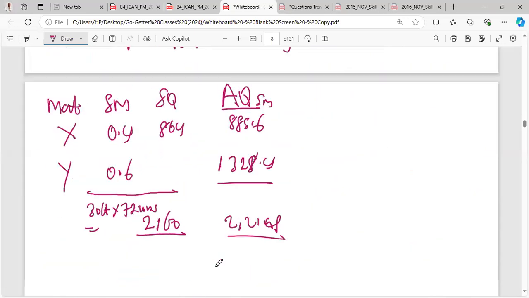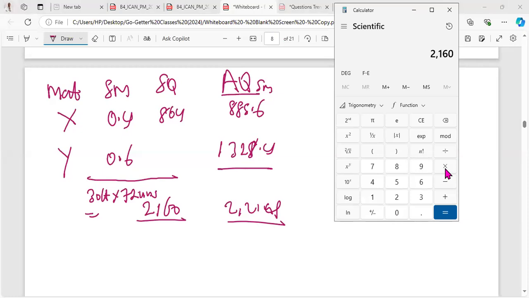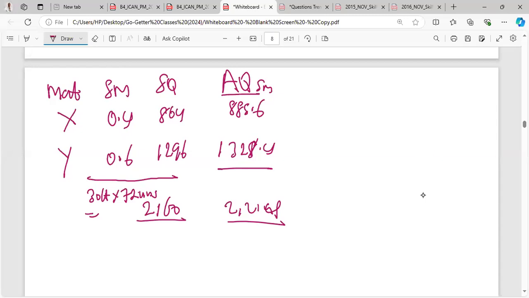And if we multiply 2160 by 0.6, that gives you 1296. So this is standard quantity, standard mix, and actual quantity, standard mix.